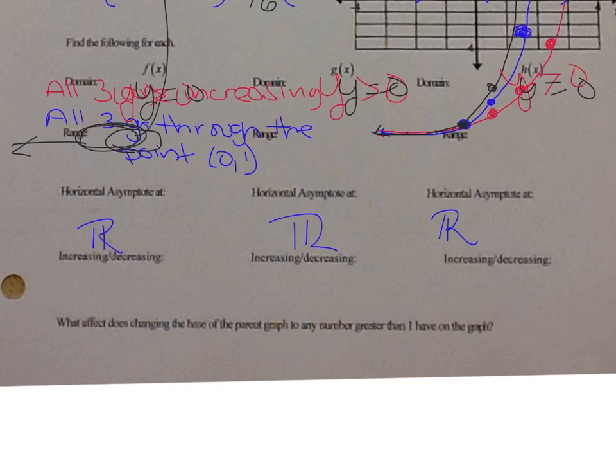So when I had y equals 2 to the x, y equals 3 to the x, y equals 4 to the x, what happened by changing 2 to 3 to 4? And what happened was it made the graph steeper.